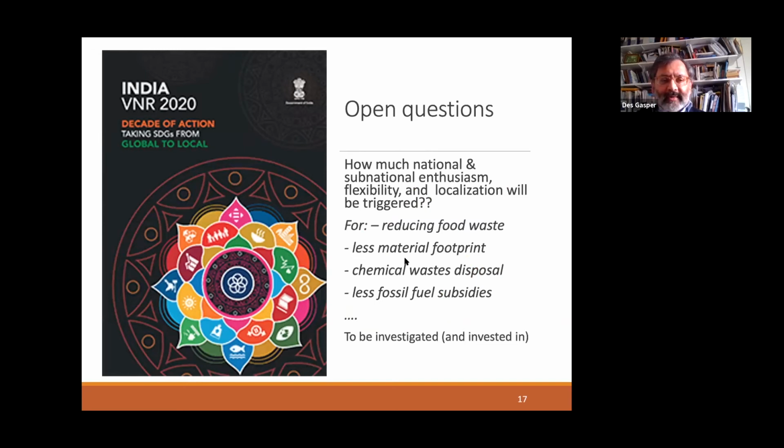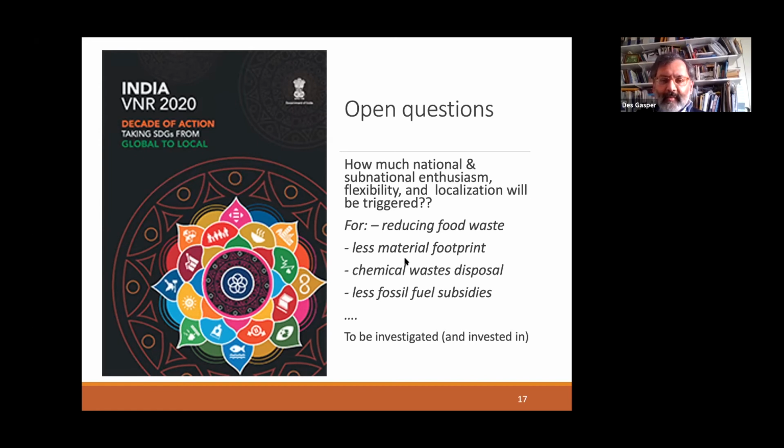Here's a little example. India's voluntary national review for the SDGs, and you can see some signs of indigenization, local adoption, simply in the artwork there, in which the normal UN representation of the SDGs is converted into Indian art style.